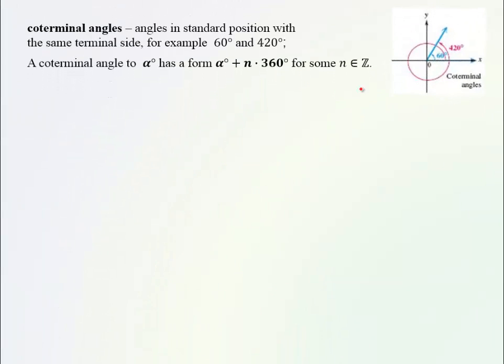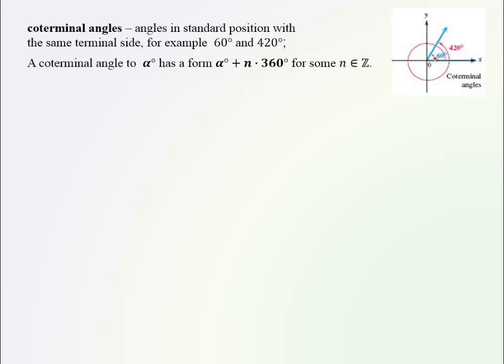We'll see later on in trigonometry that it's important to know coterminal angles, because we'll learn in subsequent lessons that various trigonometric functions of coterminal angles will actually be the same. Therefore, we need to know the term coterminal angles. As the name indicates, those are angles that have the same terminal side.